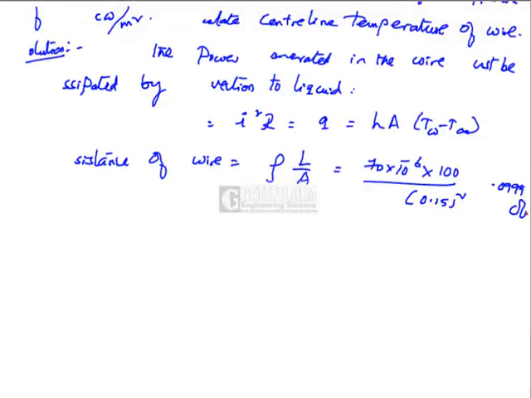Please note that here this is the cross-sectional area in the denominator, whereas here it is the surface area.